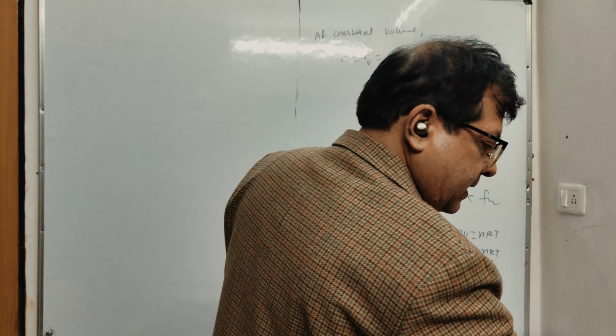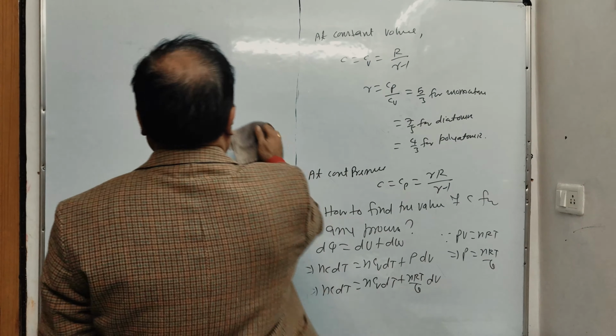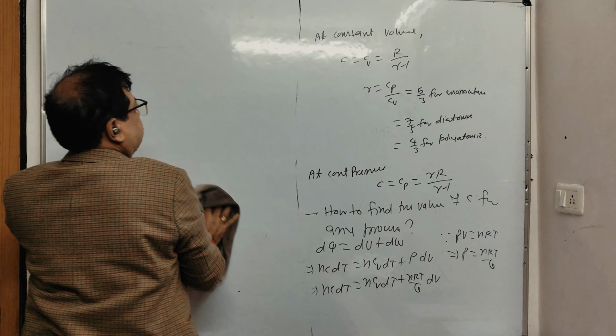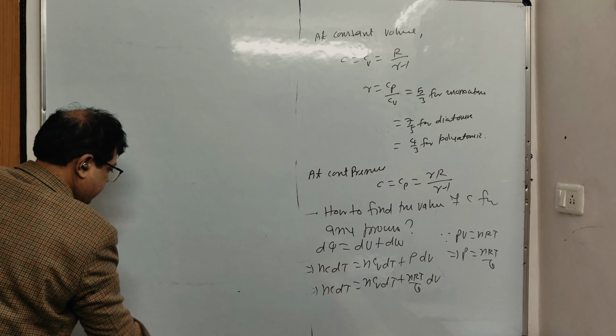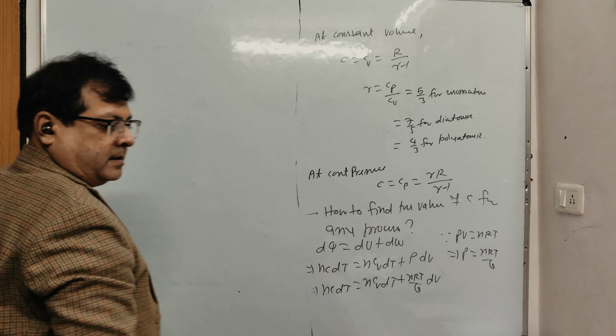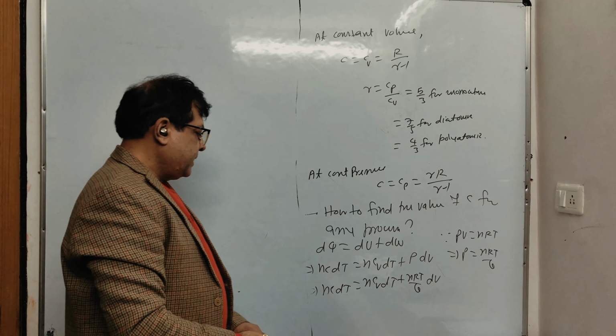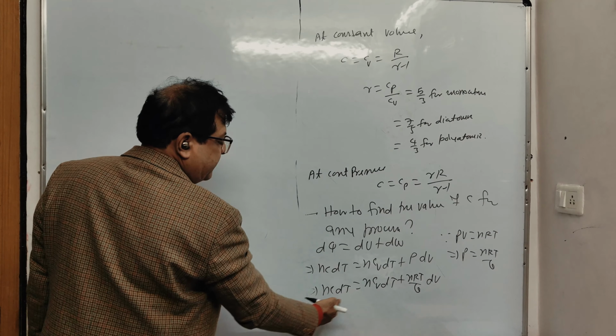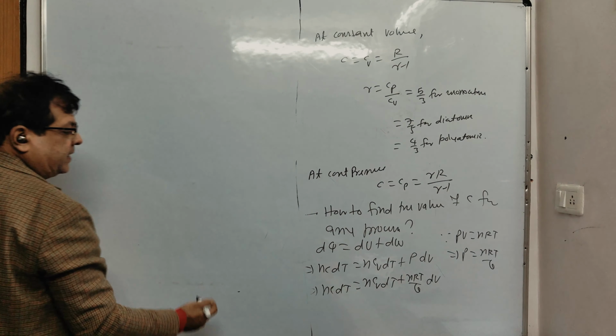So from here, at this place we can write the value of C. You have to divide by n dt throughout.